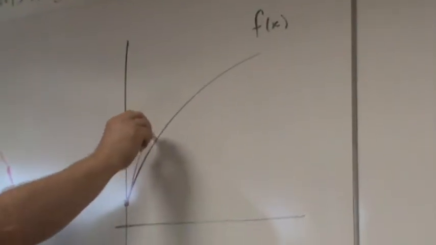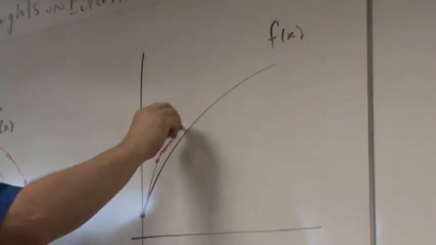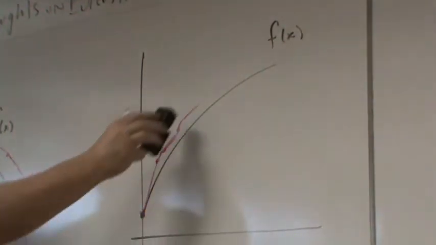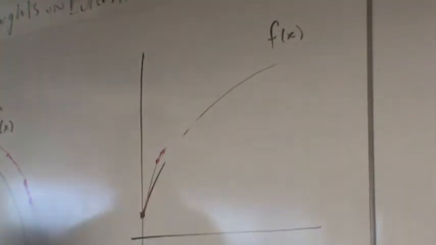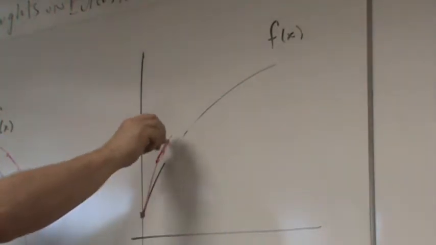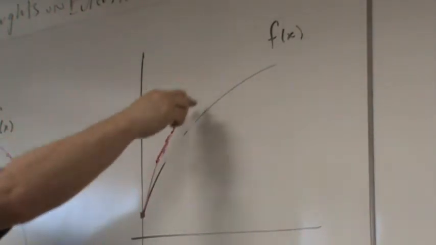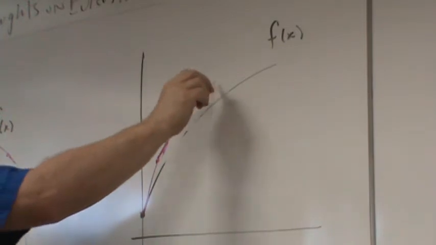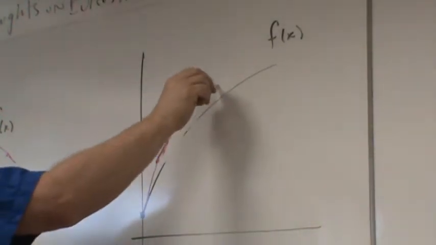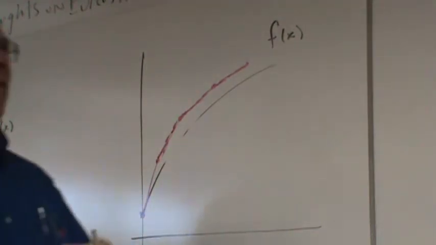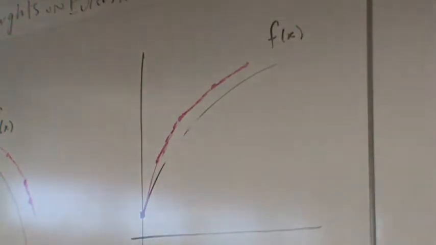Here I changed my slope, but I just can never keep up with the slope of the original graph, which is changing continuously. So if f of x is concave down, Euler's approximation will be above the true solution.